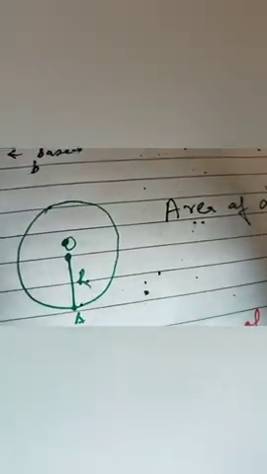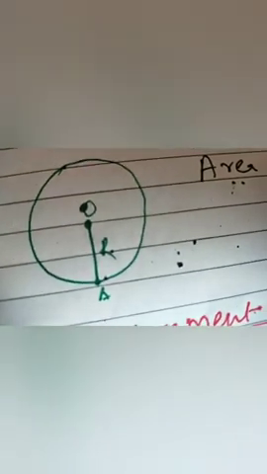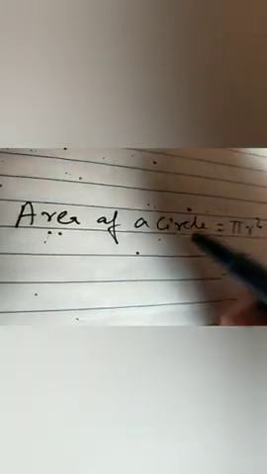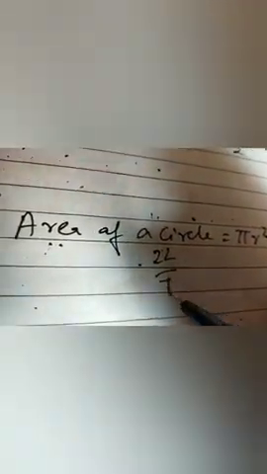Then you see how to find the area of a circle. From the center to one end, we draw a line. That is called the radius of the circle. So area of the circle is pi r square, where pi has a constant value of 22 by 7.